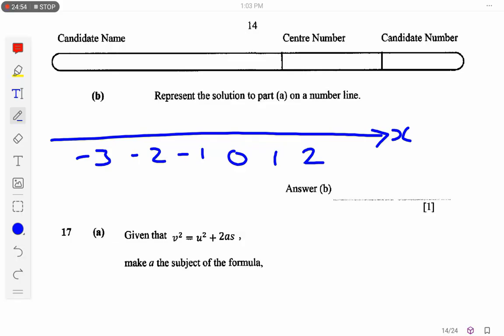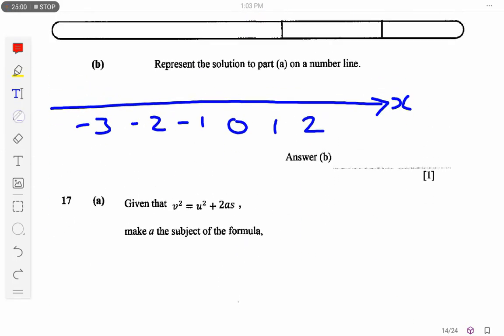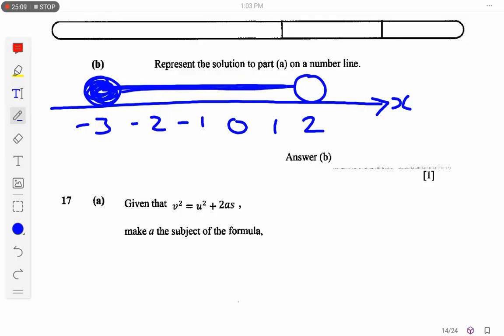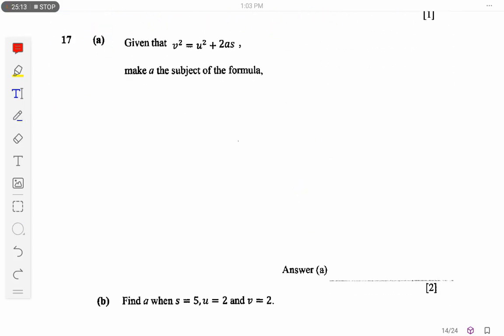Now our minus 3 has a shaded circle, it's less or equal, so it's going to be shaded. And then our 2, it's just an open circle. So our solution is lying in there. Like that, we have drawn it. Now let's go to the next question.